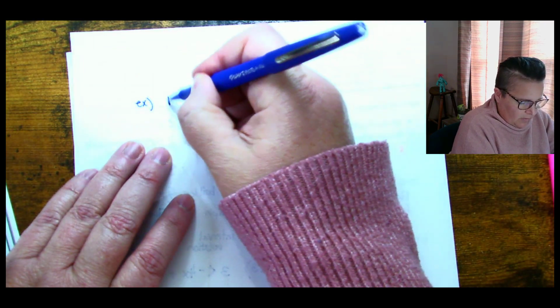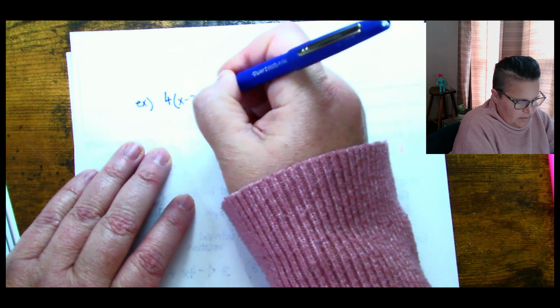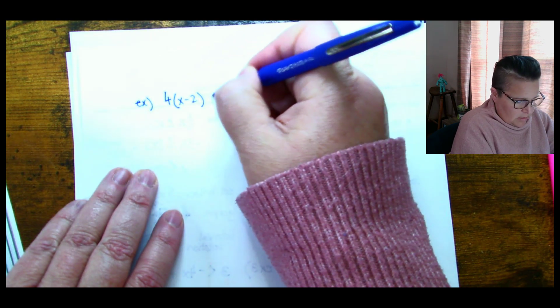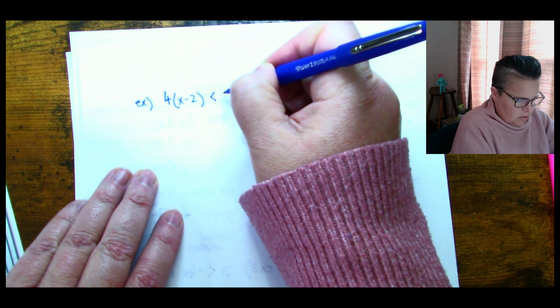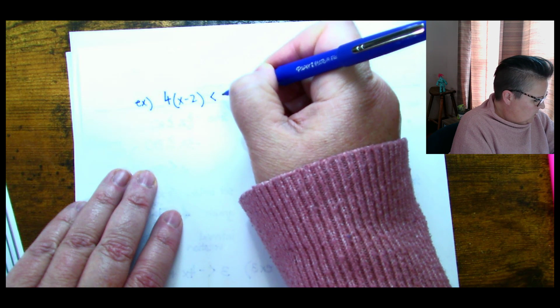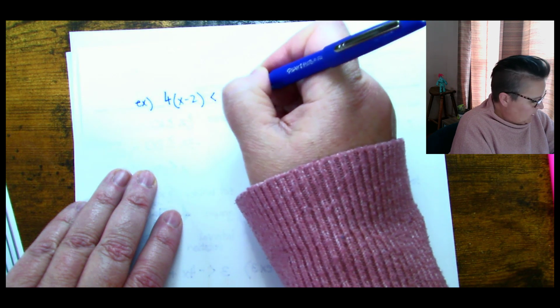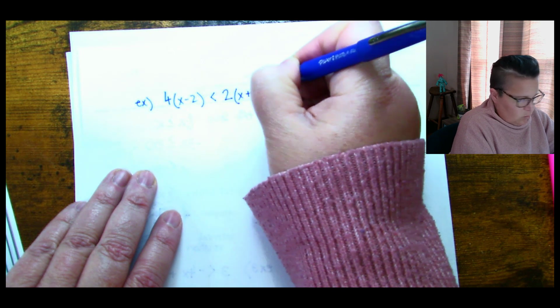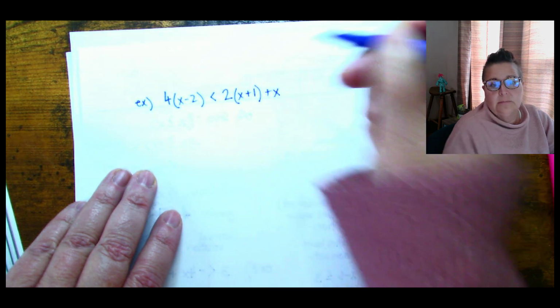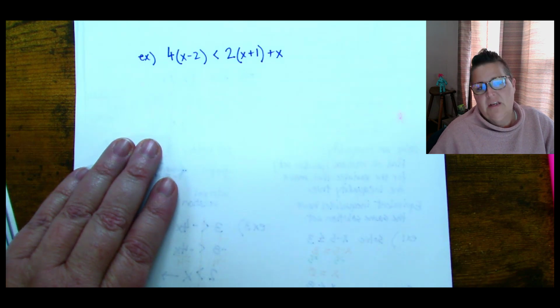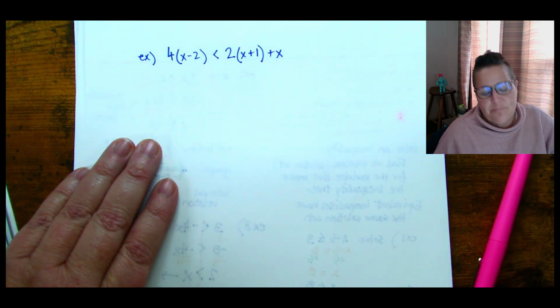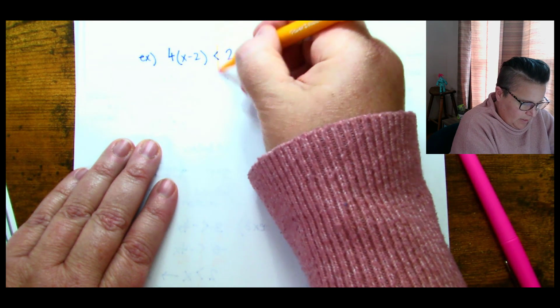I've got 4 times x minus 2 is less than 2x plus 1 plus x. So this one's a little bit harder for the solving bit, right?